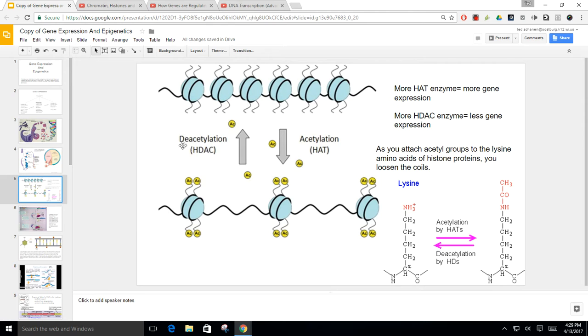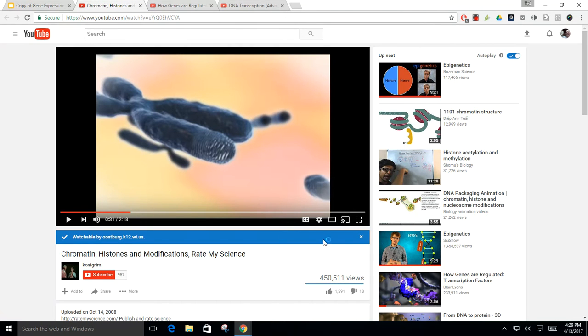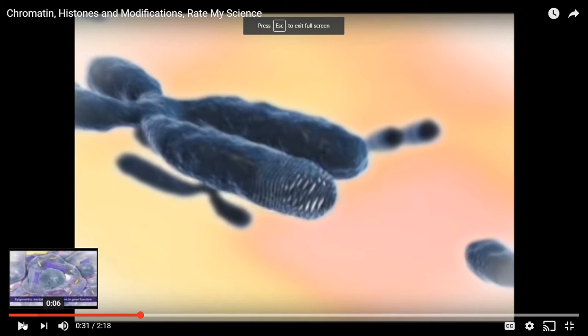Now, there is also an enzyme that helps take off the acetyl groups, which coils it tighter. So acetylation is going to allow for transcription. Deacetylation is going to prevent transcription. So let's try to visualize that using this video.